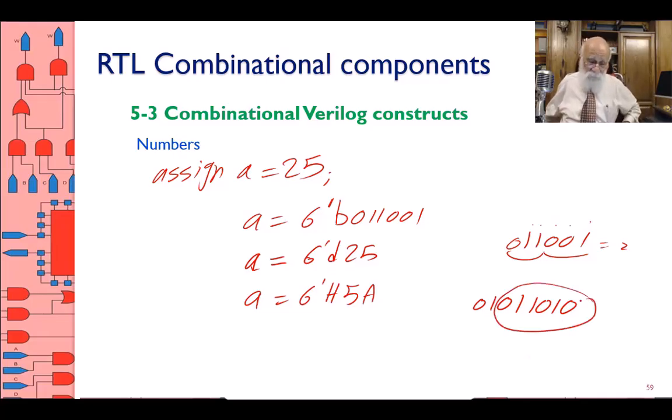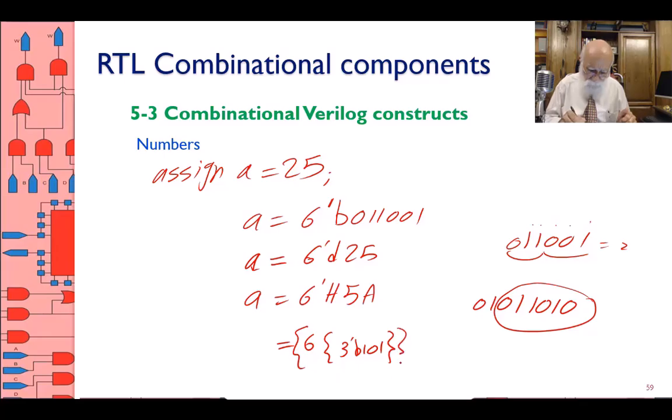Okay? This is numbering. And sometimes you may want to repeat a number a certain number of times. You can say, I'd like to repeat 6 times, curly bracket, 3 tick B101.